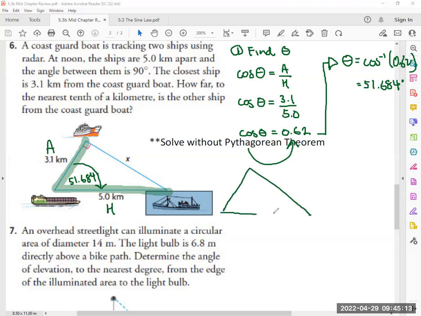Suddenly, take a look at this triangle. I purposely took away the 3.1. Doesn't this look like a 90-degree triangle you can solve with SOHCAHTOA? That's why I say this is a two-part. The first part is you get your angle. And the second part is you're going to use that with what? Opposite side with hypotenuse, that's going to be sine.